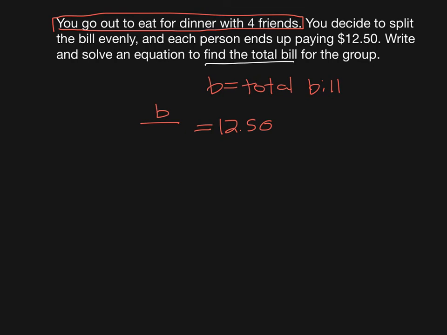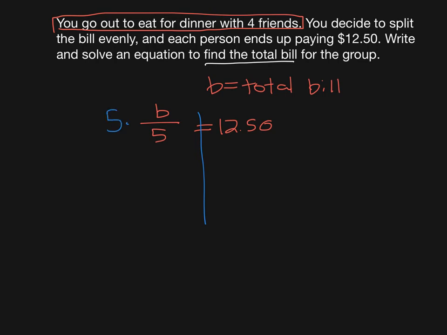So how many people are there? There's 5 people that are at this dinner. So it's the total bill divided by 5 people equals $12.50 per person. Now to solve this, draw a line there. Now this is b divided by 5. We're going to use the inverse operation.